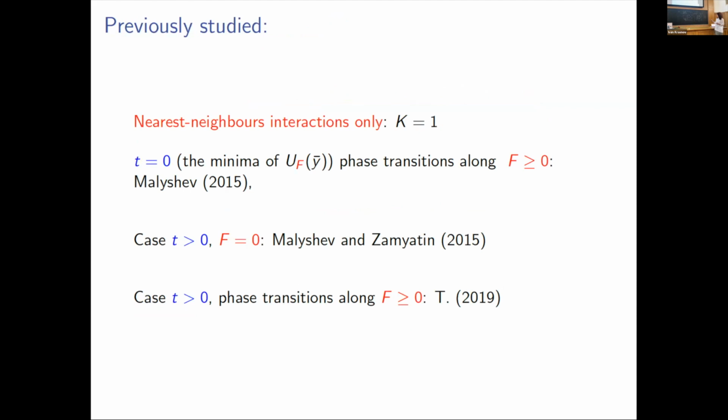That was discovered by Malyshev, that this model is very rich for phase transitions. He found 4 different phases.